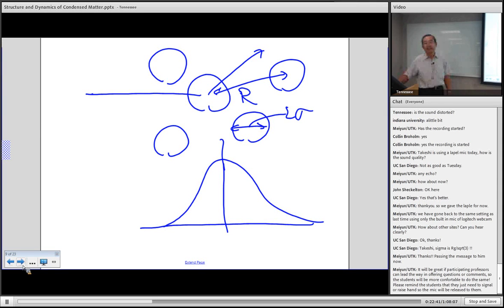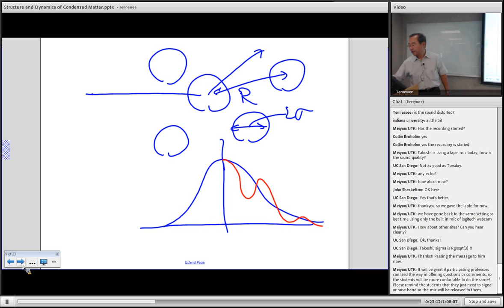Right? So R becomes some kind of important length scale. That means the inverse of that, 2 pi over R, becomes an important wavelength, right? So what happens is that instead of this, you get an intensity like that, sometimes like that. Some modulation of intensity.